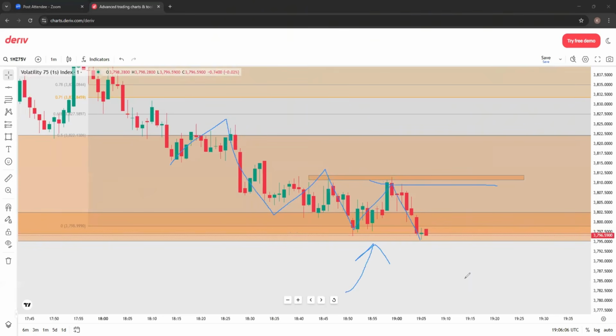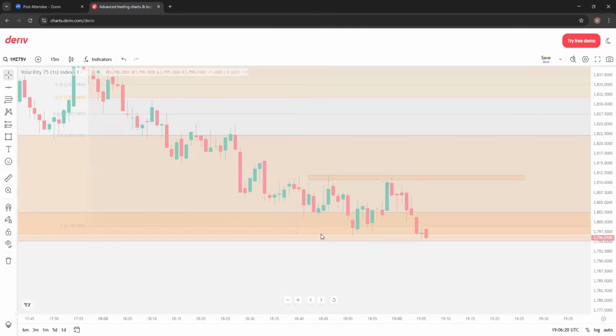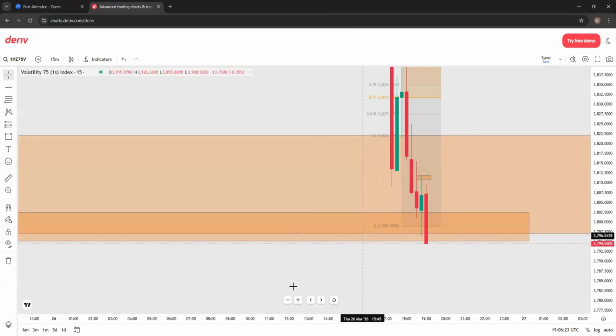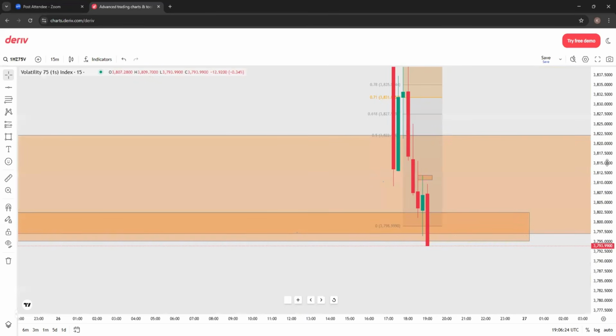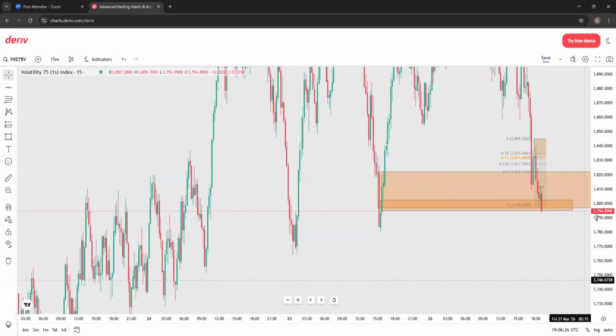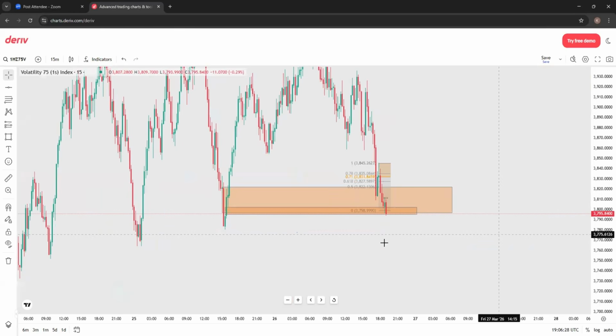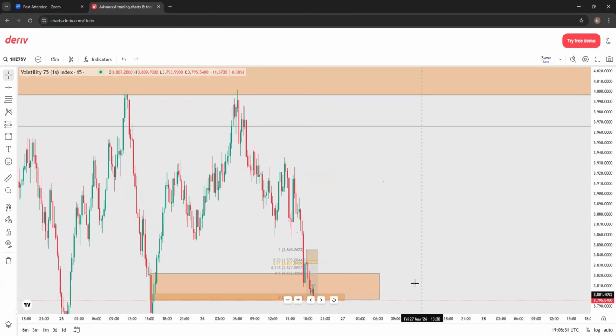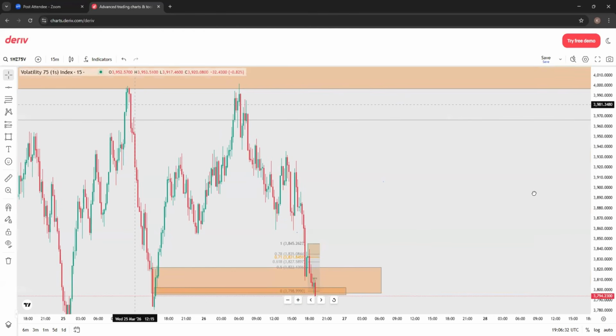We start entering in those buys. But if we get in those buys, remember something again. If we come to M15, let me zoom out. What we are now basically saying is we are buying so that we come and take out this liquidity.